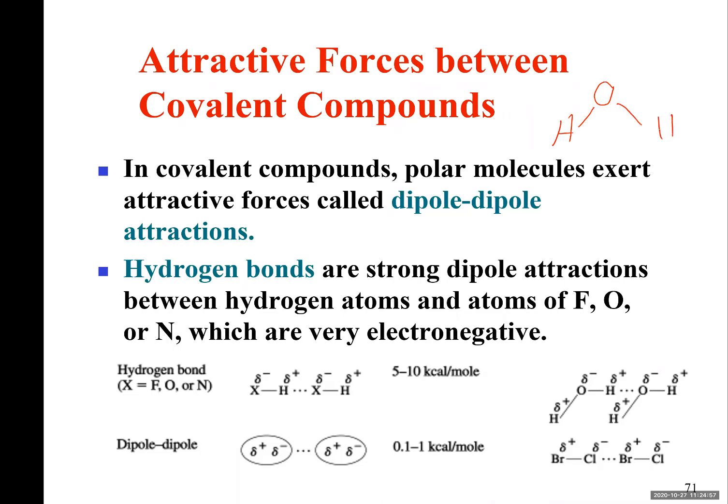Remember, these bonds in water are covalent bonds. So it's not the same type of interaction in sodium chloride. But do you remember when we talk about water, we said water is polar. There is negative end, which is oxygen, and there is positive end, which is in center of the 2 hydrogens. So because of that, we said water is polar.